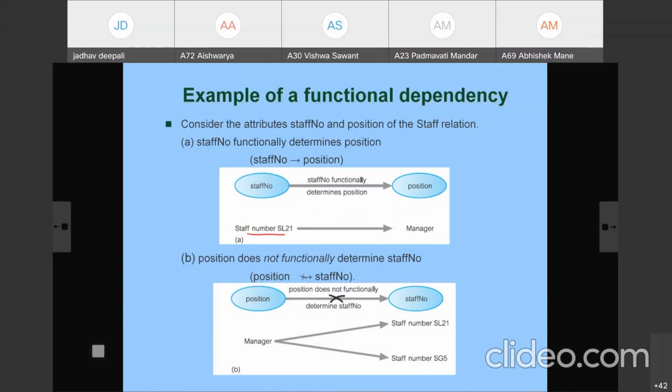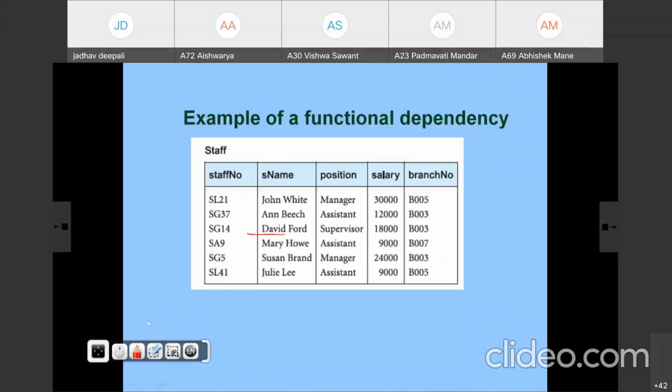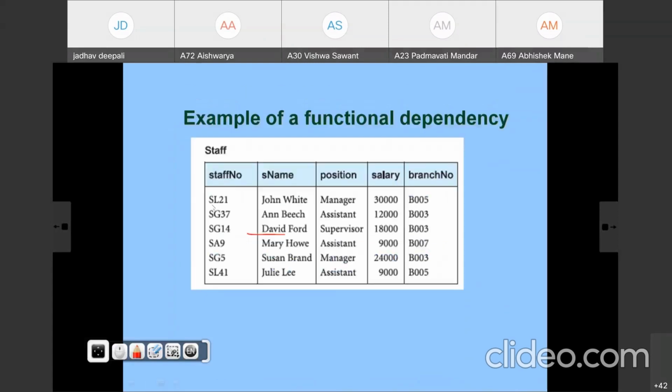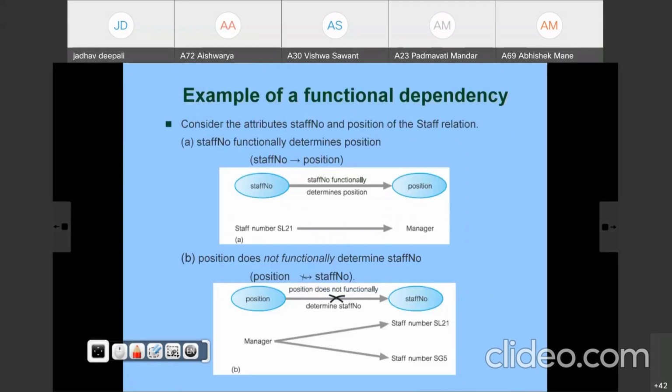Suppose we consider another staff: SL21 is manager. Then SG37, what is the position? Assistant. SG14 supervisor. SA9 assistant. SG5 manager. SL10 assistant. So staff number functionally determines the position. So staff number becomes the determinant in this case.